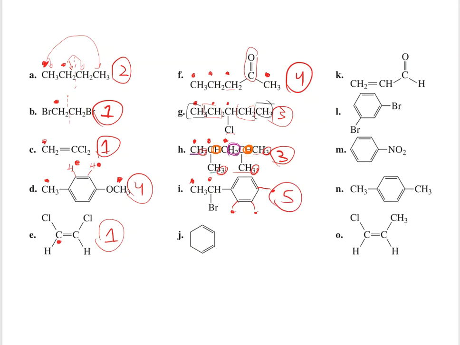Next is J. How many do we have in J? All right. Well, this carbon, 1, 2, 3, and it's got a 4th to a hydrogen. So I'm going to draw that for you. This particular carbon, same deal. 1, 2, 3, and 4 goes here. And this particular one, same deal. 1, 2, 3, and there's 4 there.